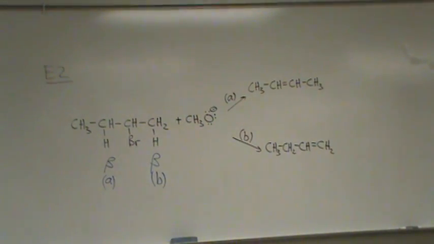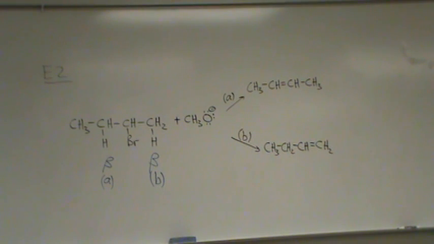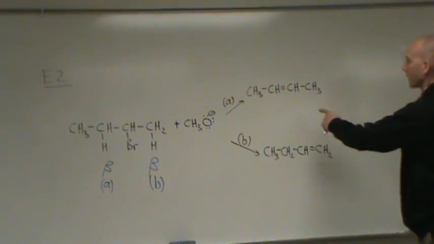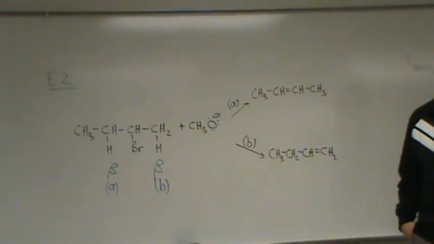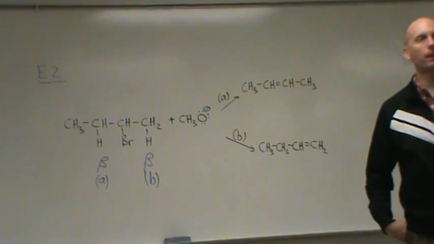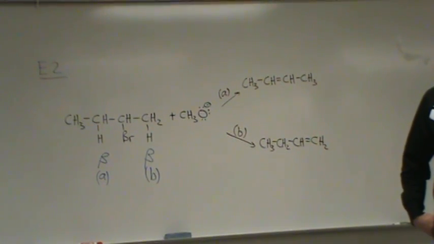So I would get those two possible products. Okay, and we saw this last time with E1, that we could get two possible products, but now we want to talk about it in a little bit more detail.